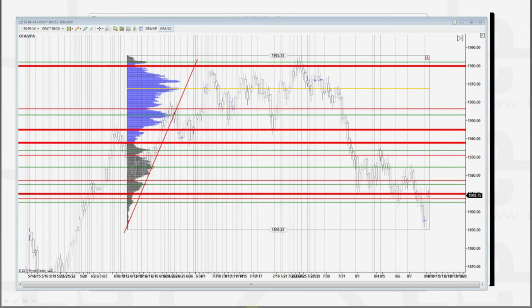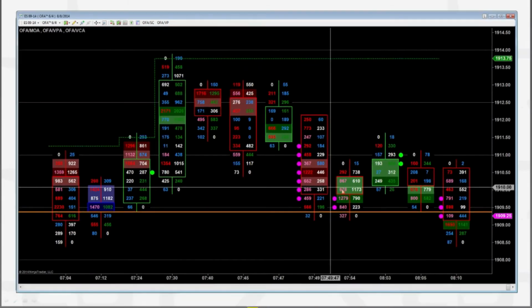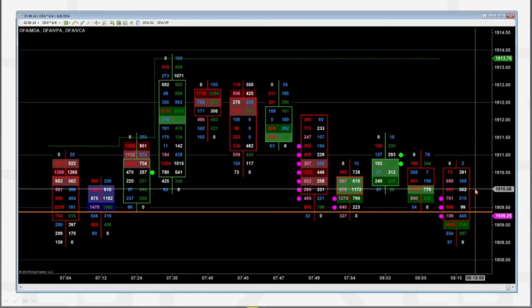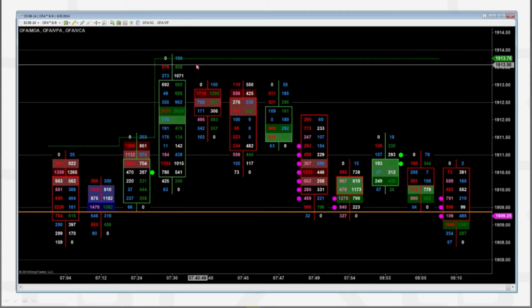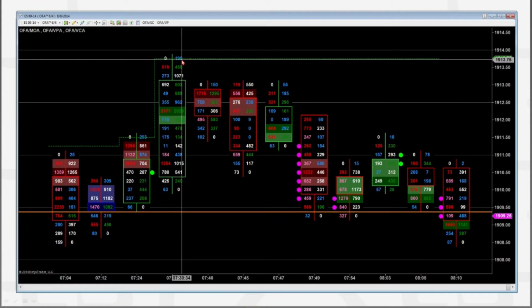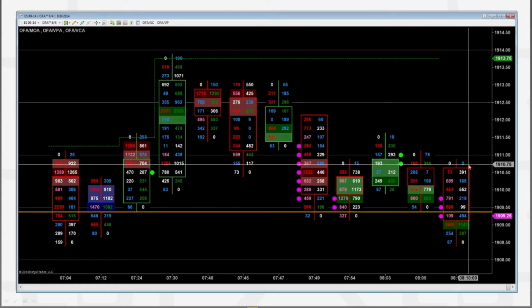And when I look at what's happening right now in the market, here's this 1910 level right here. And the print since moving up has been relatively weak to the offer. It doesn't mean that this market is coming down.